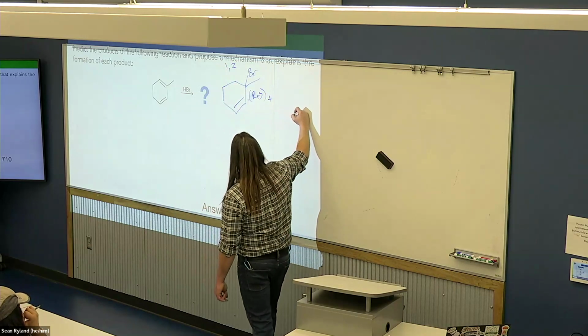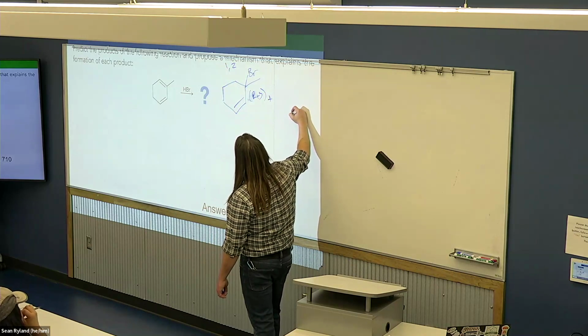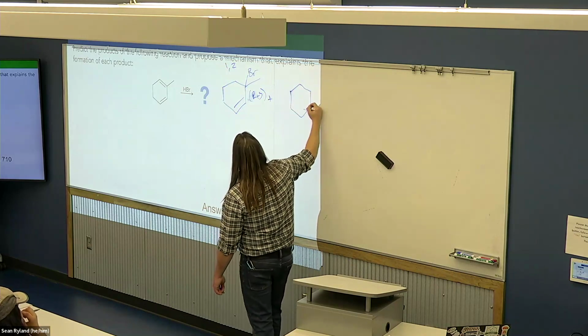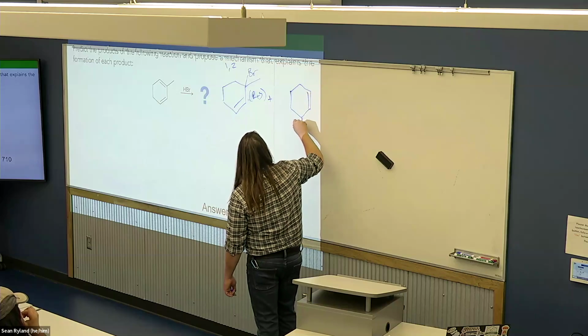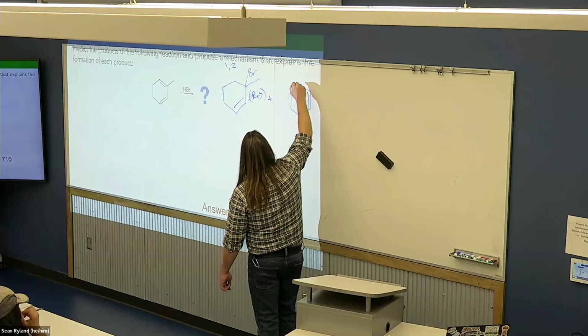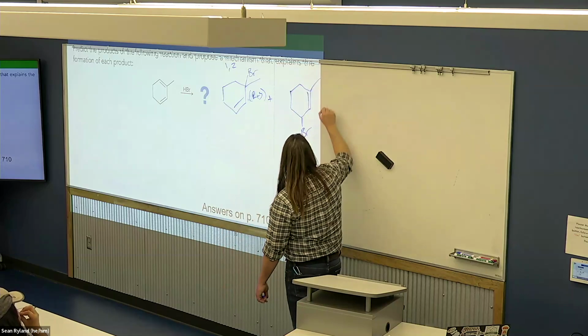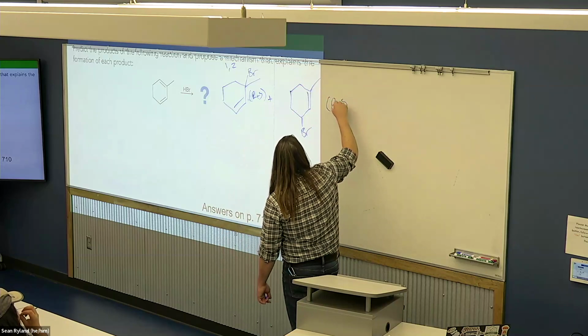The 1,4 adduct if it reacts with its top pi bond is going to look like this. R plus S.